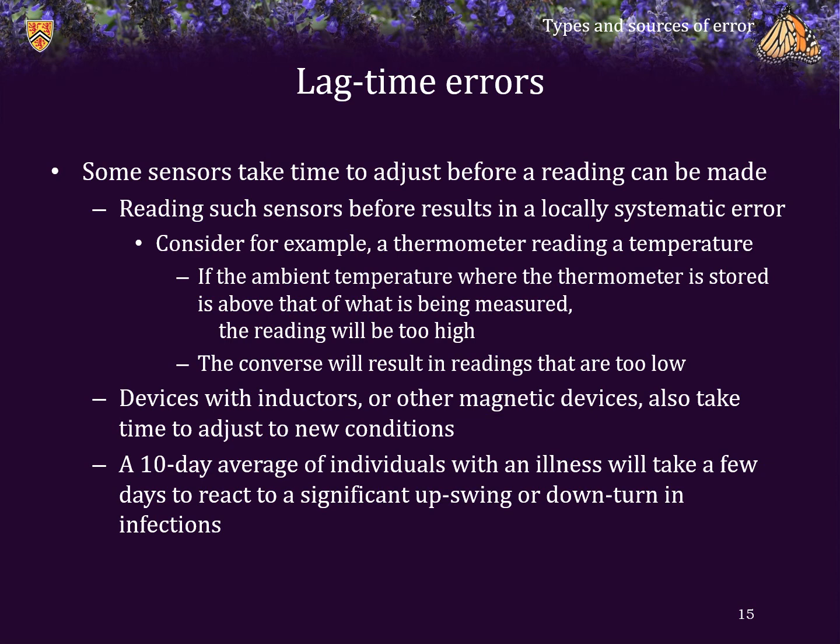However, if there is a significant upswing or downturn in infections, the 10-day average will take time to respond to such significant changes. And if you've written a program to suggest what to do, perhaps, the response may be inappropriate if it is simply based on using information about a 10-day average.